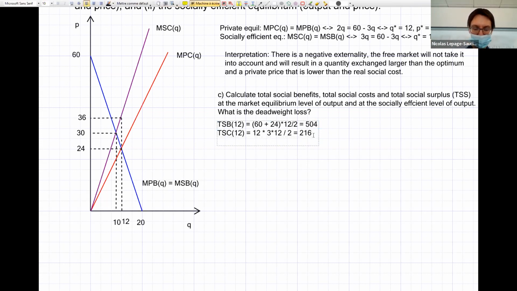So the total social surplus at 12 equals 504 minus 260. So that's 288.